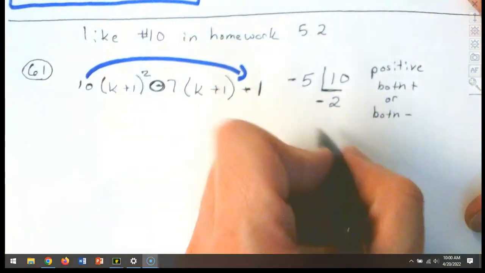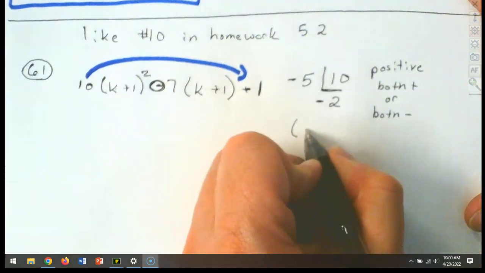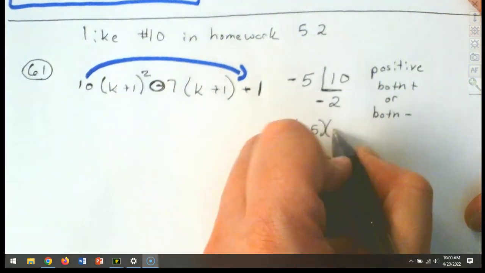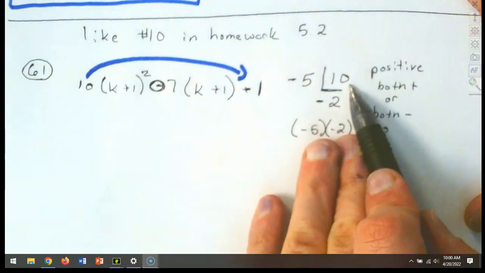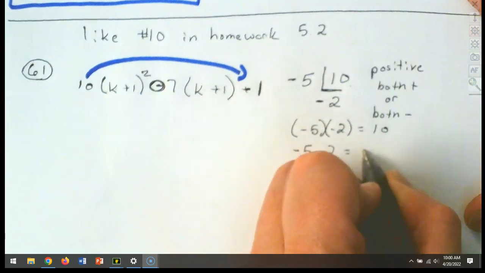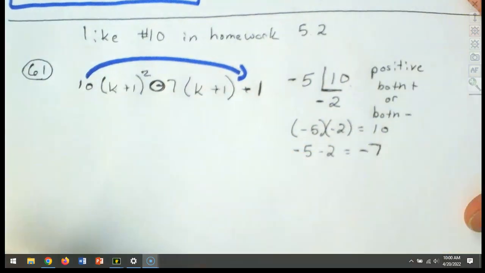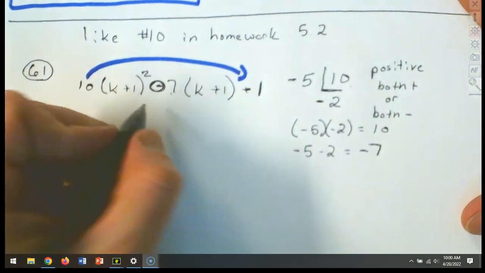Minus 2. Yep, because we need to make sure we get that negative. And we can check because minus 5 times minus 2 is a positive 10. That matches. And minus 5 minus 2 is a minus 7. And that matches there, doesn't it? Always make sure it matches.